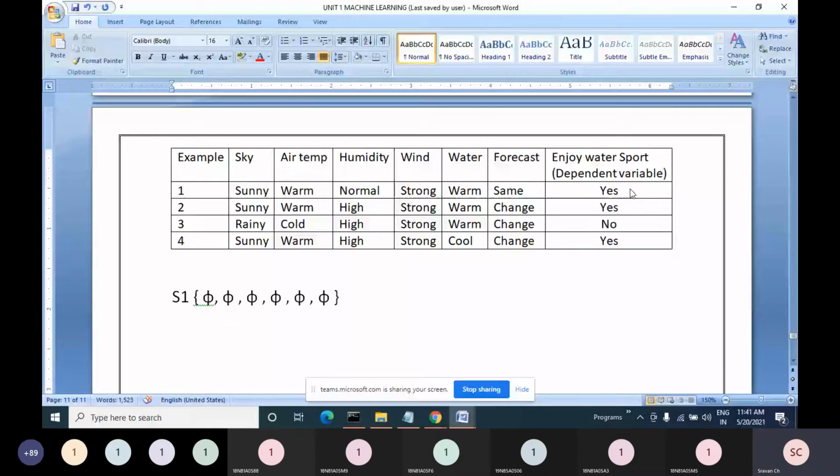When I look at the first record, what is the outcome? It's a positive example, so I should update my S. Now what I will do, I'll replace all null values with the attribute values of my first record. Normal, comma, strong, comma, warm, comma, same.